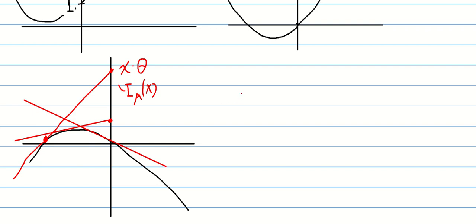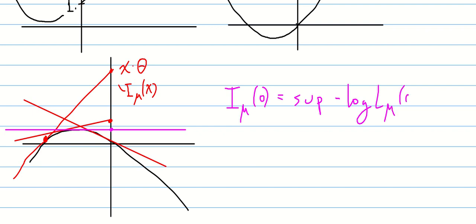One interesting observation is that when you take x equals 0, you're taking the flat function. It's not affine anymore, it's constant. So this supremum here, I mu of 0, is the supremum of minus log of L mu of theta, supremum over theta.